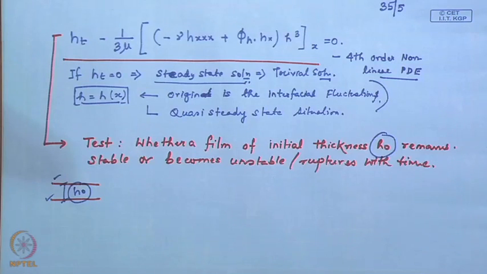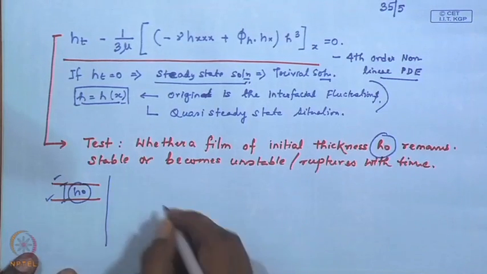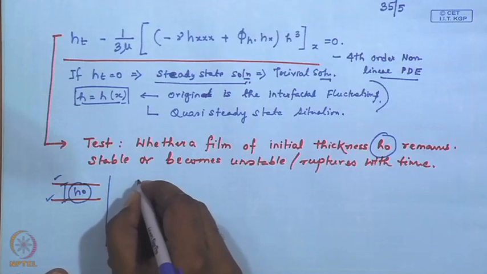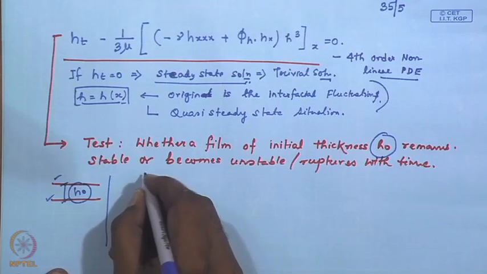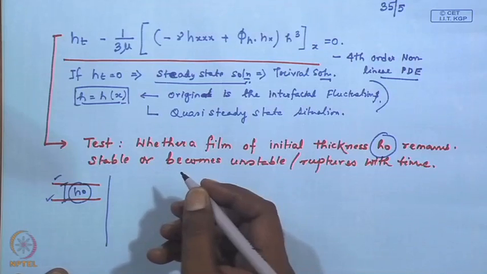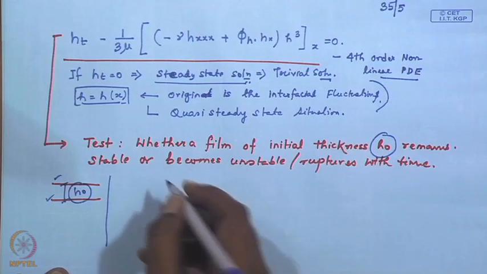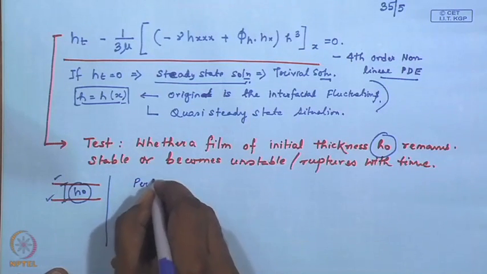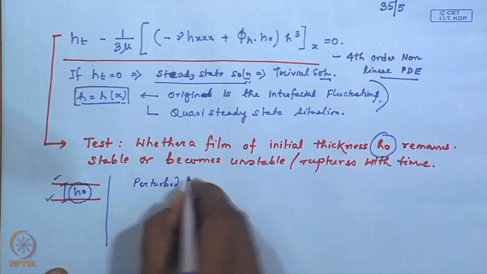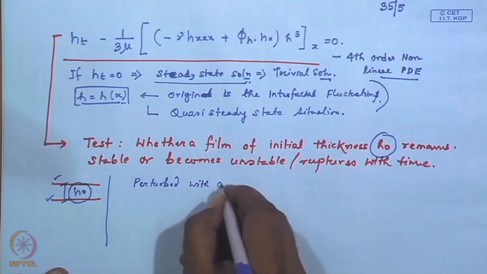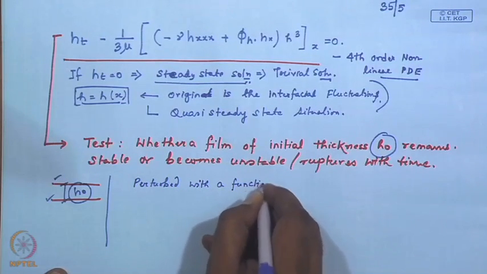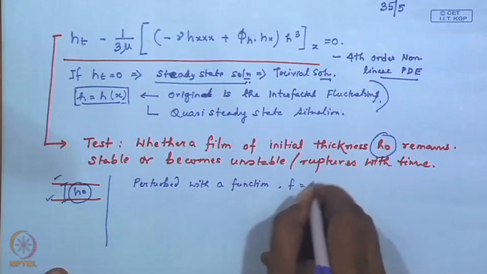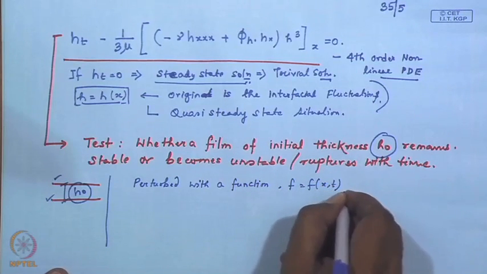So, essentially what is done to do that is the initial height H0 is perturbed with a function f, the function of x and t.